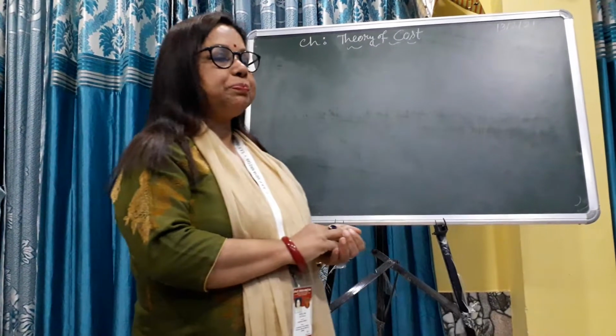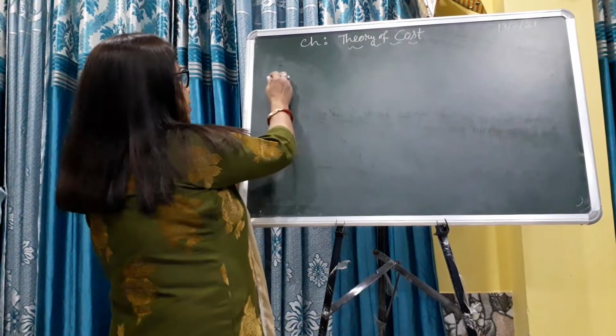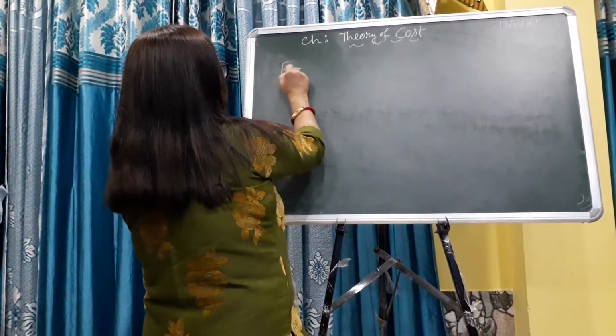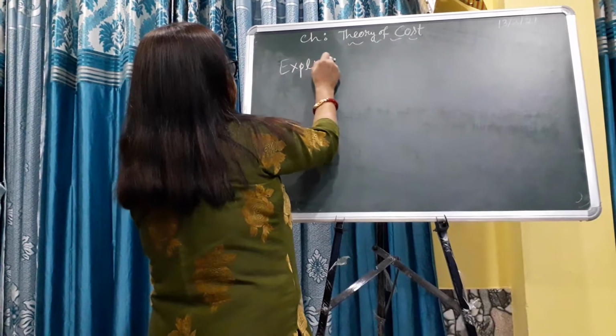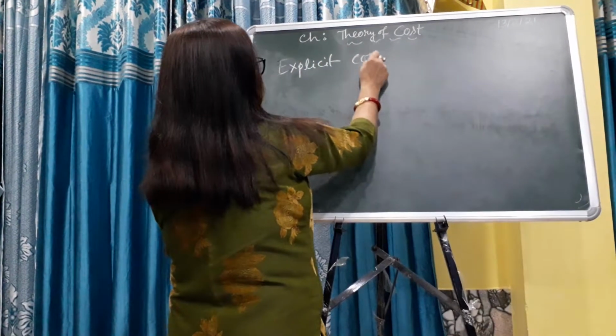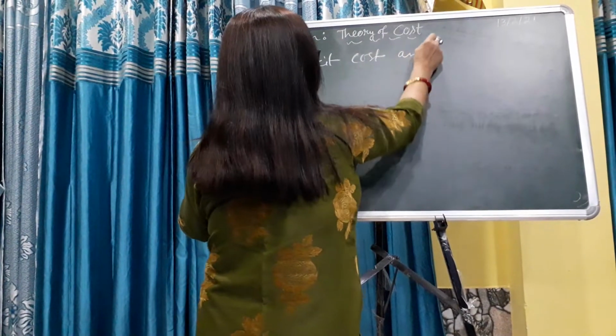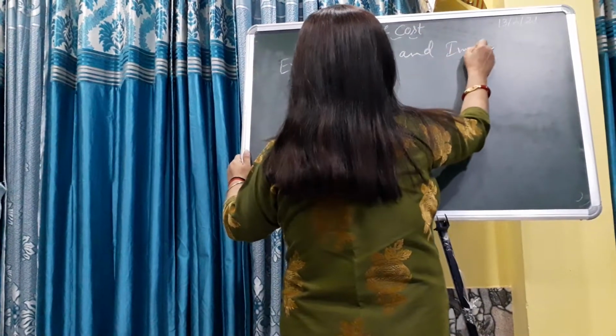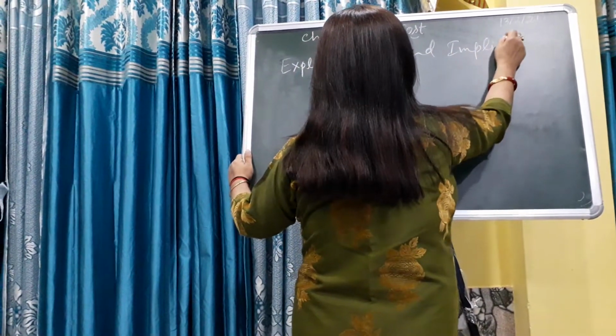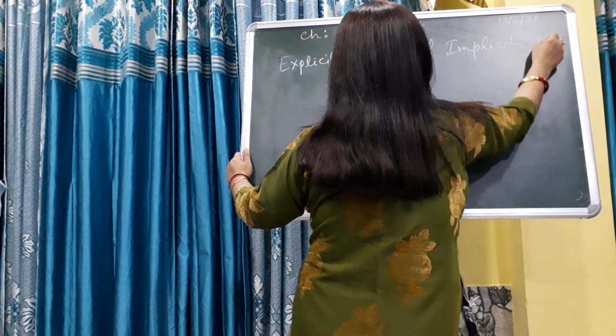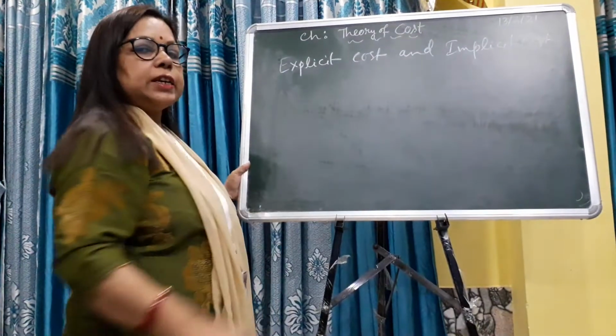Now next, in the economic sense, cost has two parts: explicit cost and implicit cost.